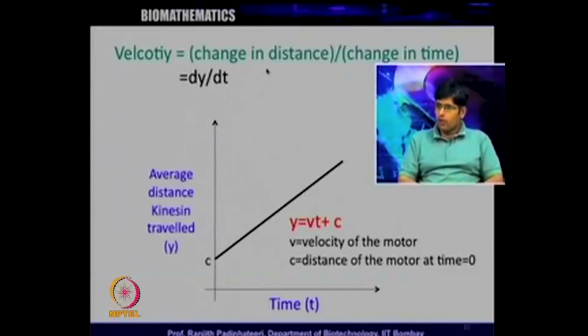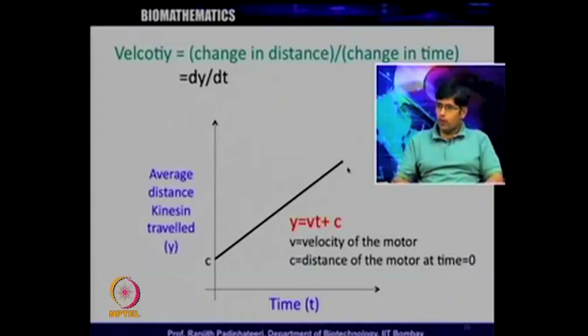If it is a simple graph like a linear graph, calculating velocity is easy. If it is not so simple a graph, it is slightly complicated. We will come to each of this, but by calculating dy by dt, the change in distance by change in time, what we are calculating is nothing but a quantity called slope.